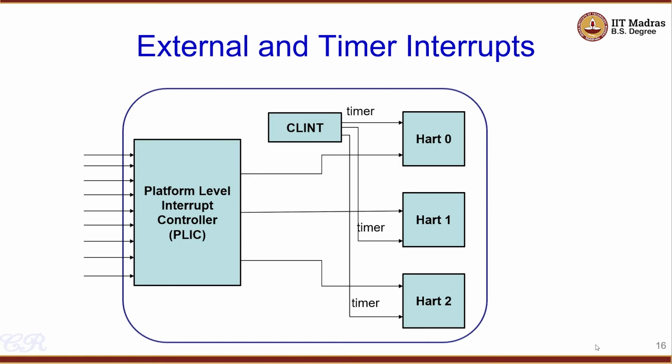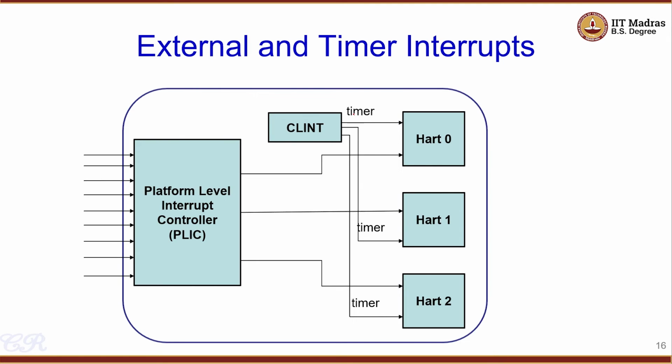In RISC-V with multiple cores, the cores are called Heart0, Heart1 and Heart2, as we have seen before. We have a local interrupt controller, which in this case is shared by the 3 CPU cores, and a platform level interrupt controller called the PLIC, which is the global interrupt controller connected to all 3 CPU cores, Heart0, Heart1 and Heart2.